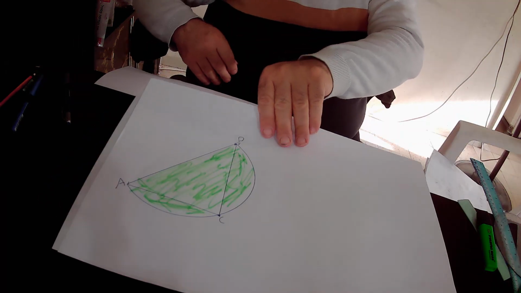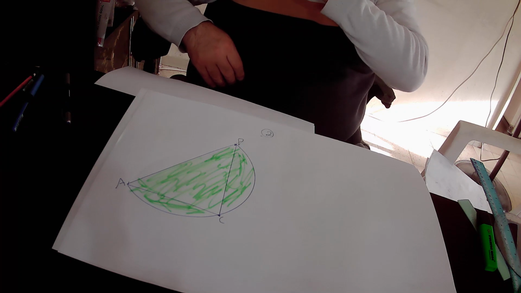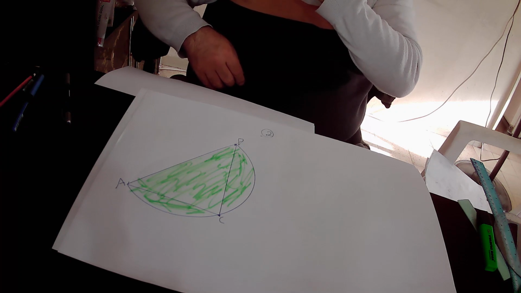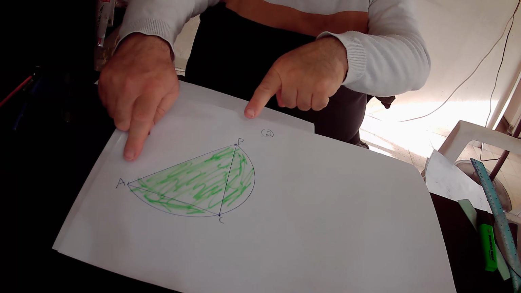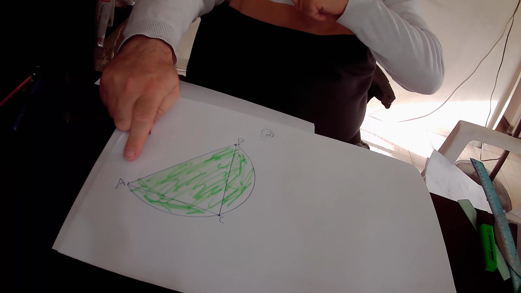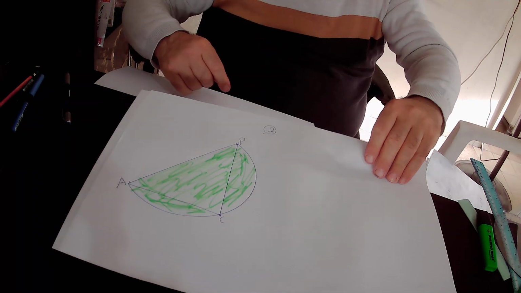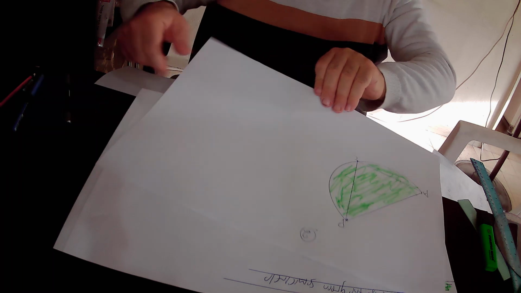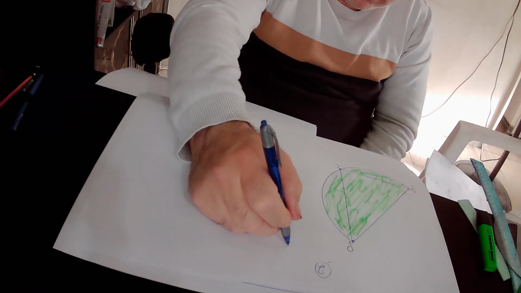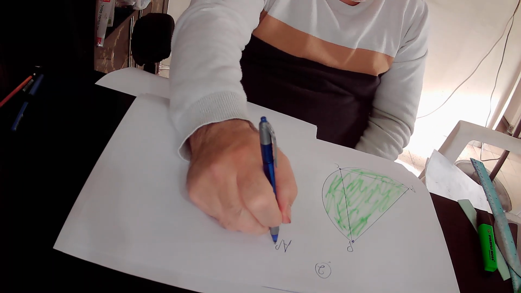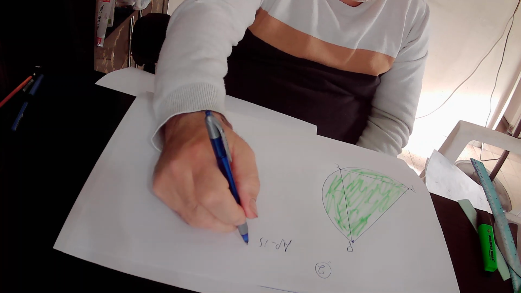Actually, this is the green semicircle that I copied from the original drawing. AP is the diameter of the green semicircle. So I write it down. Line segment AP is the diameter of the green semicircle.